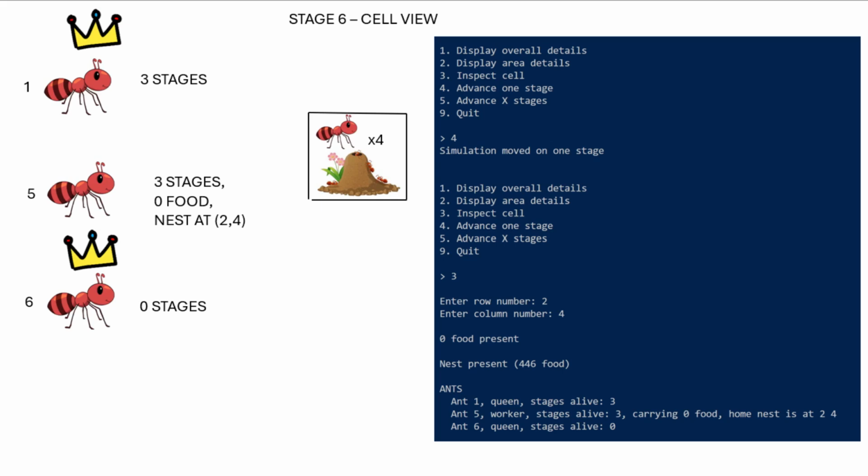Anyway, in the nest, we can see 2 ant queens at 3 and 0 stages of life respectively. This means that the ant spawned this stage was the queen ant with index 6. We also see a worker ant with 3 stages lived and carrying 0 food. Absolute slacker behaviour. Let's move on to the next stage.